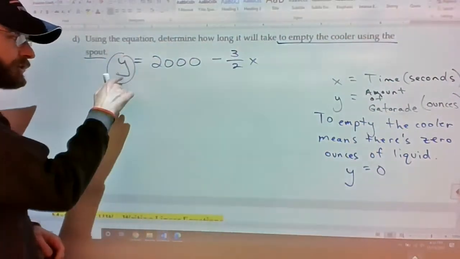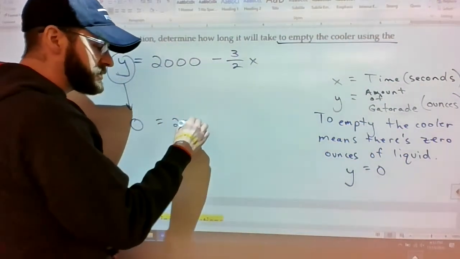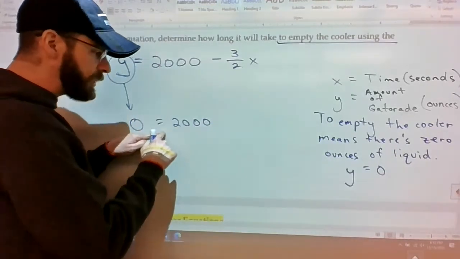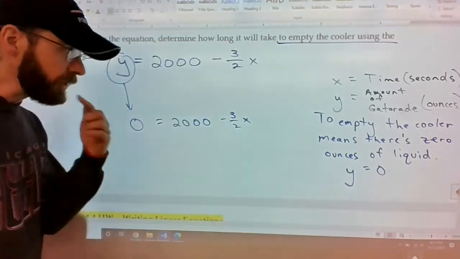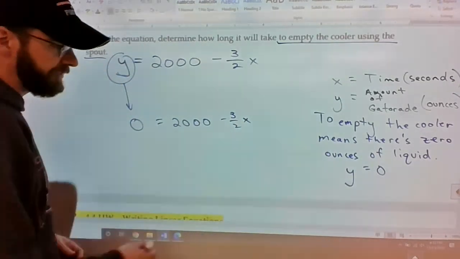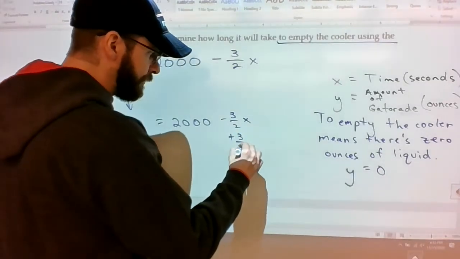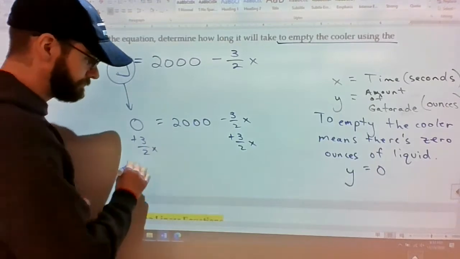The y value here turns to 0, and then your job is to solve the equation 0 equals 2,000 minus 3 over 2x. So how do we solve that? Well, you can add 3 over 2x to both sides. You can add 0 to anything.